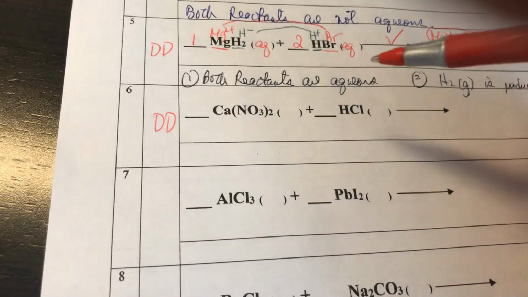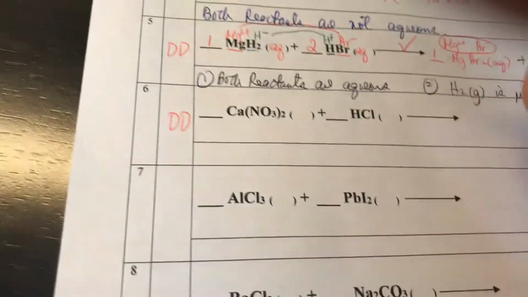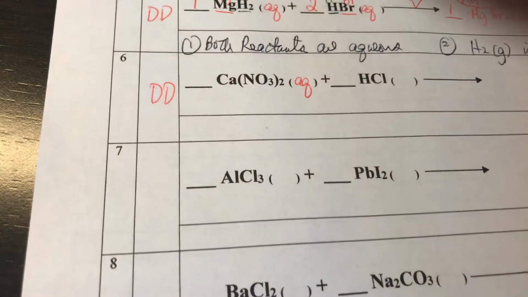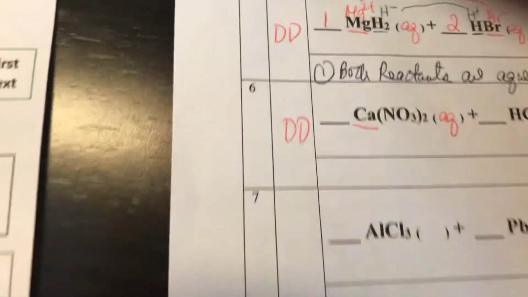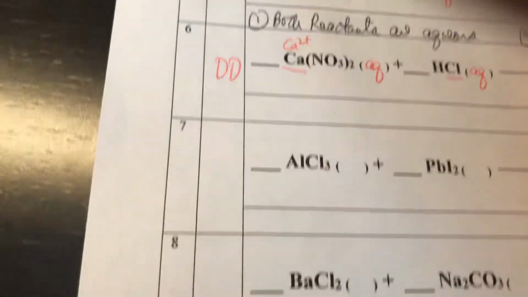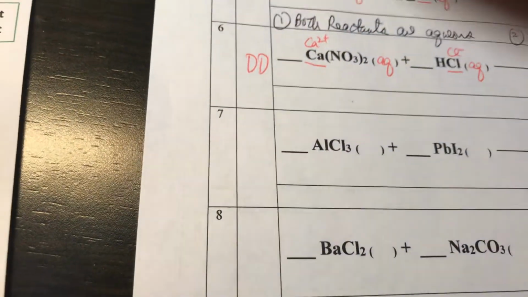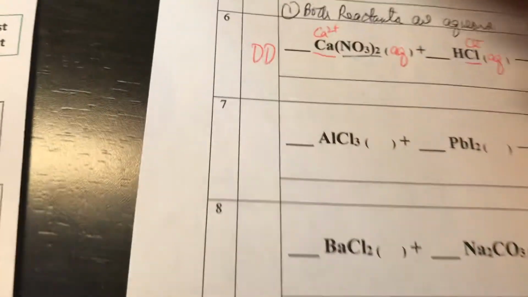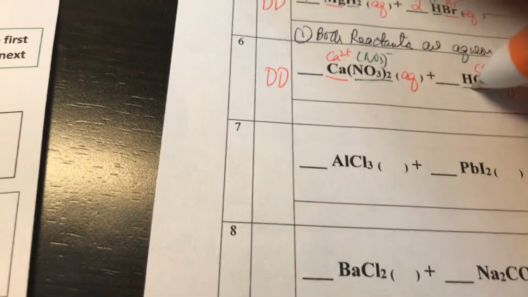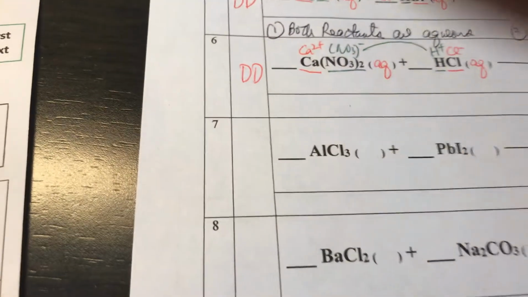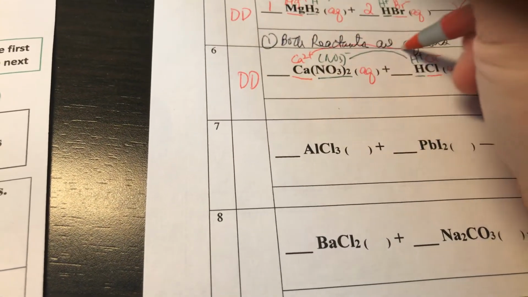This number 6. This is double displacement. Okay, and Ca(NO3)2 is aqueous. HCl is also aqueous. Okay, so I'm going to underline Ca and I cross over. I know it's Ca2 plus, and then underline the Cl, I know it's Cl minus, and then I underline the NO3, I know it's parenthesis NO3 minus, and here I underline H will be H plus. So I rainbow the green and I rainbow the red.